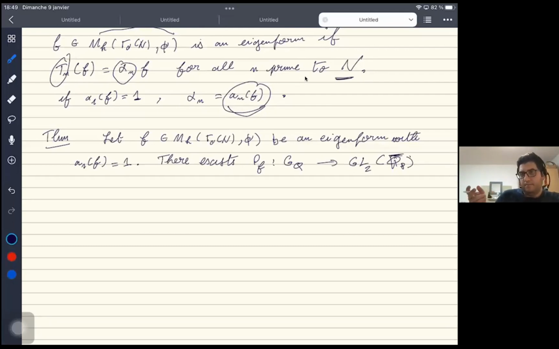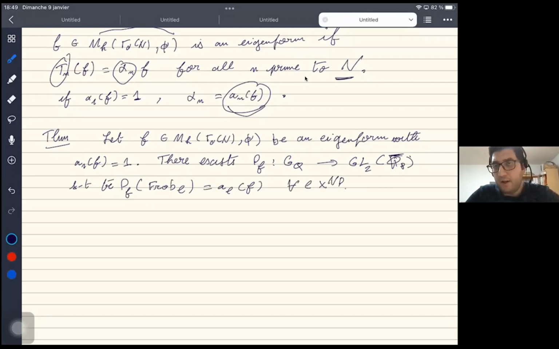Q_p is the fraction field of Z_p, and Q_p-bar is the algebraic closure, but in general it lives in a finite extension of Q_p. The representation goes from the Galois group of Q to GL_2(Q_p-bar), such that the Galois representation is unramified at all the primes l away from N and p, and the trace of your Galois representation evaluated at the Frobenius at l is the Fourier coefficient a_l.